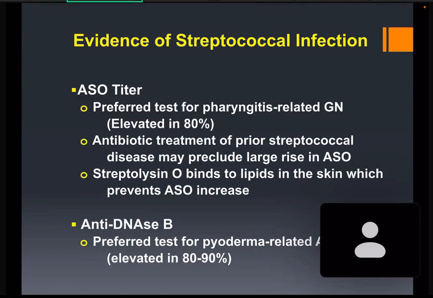So for skin or pyoderma-related acute glomerulonephritis, do not get the ASO titer because you will get confused. Instead, you get the anti-DNase B antibody. It's more specific to pyoderma-related AGN. However, it's not available and it's very expensive.